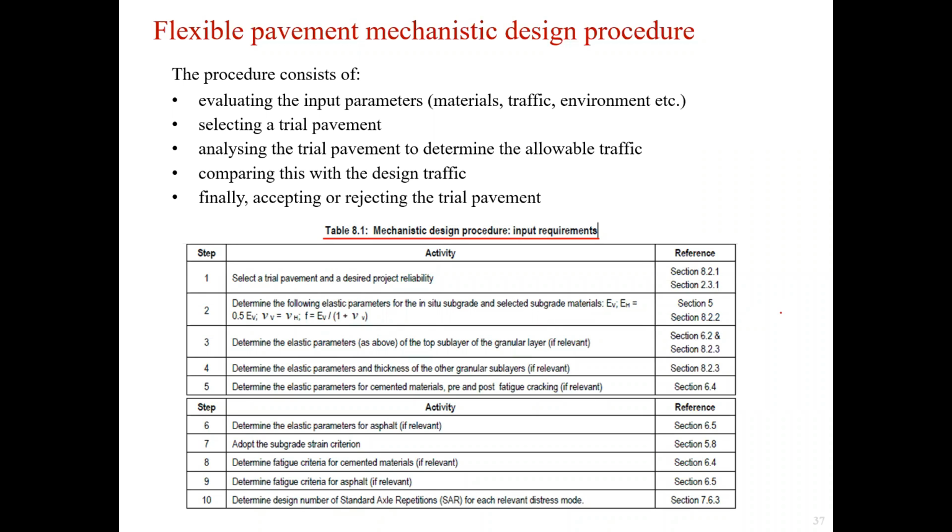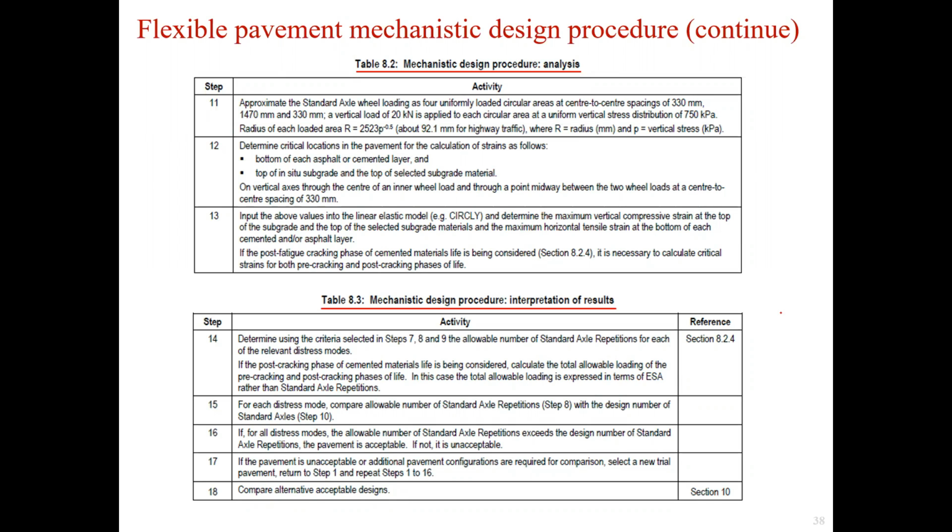The 10th step is to calculate the design standard axle repetitions SAR for each relevant distress mode. For the analysis, we assume approximate standard axle loading, then determine the critical locations in the pavement for the calculations of strain.